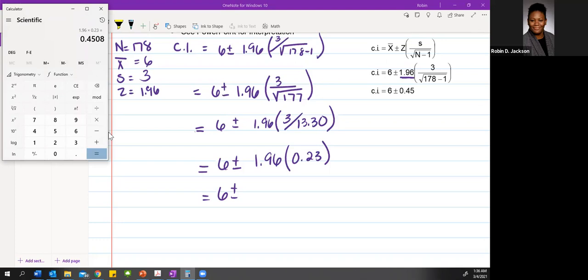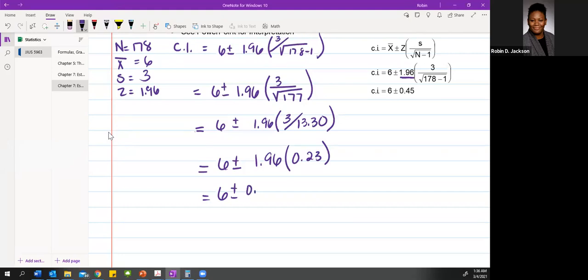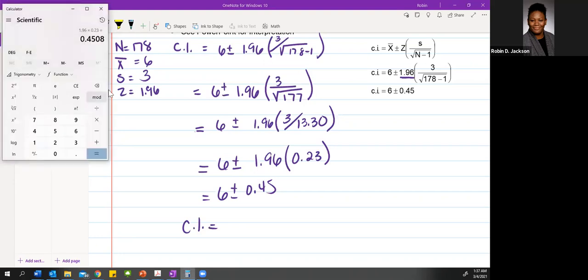Because we're doing 2 decimal places, we leave it at 0.45, because the number after the 5 is a 0 and we do not need to round up. So our confidence interval is going to be, I believe, 5.55, but let me do the calculation.